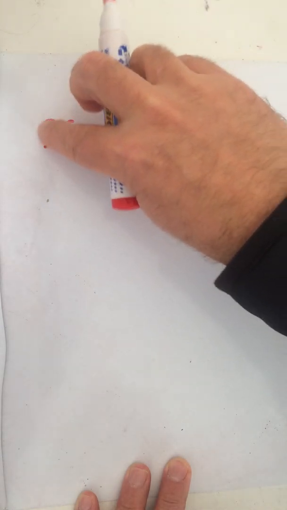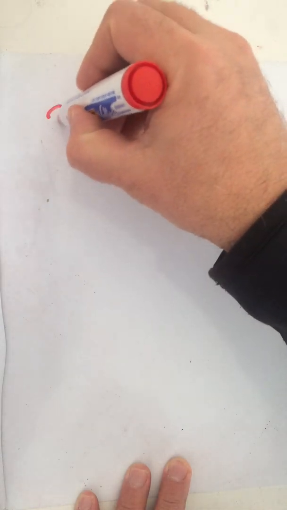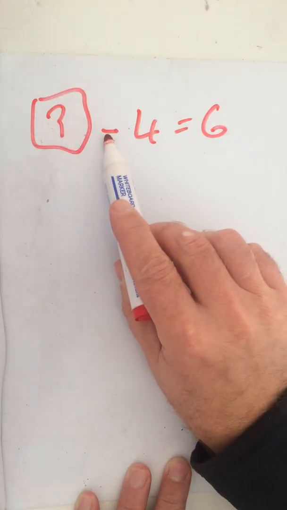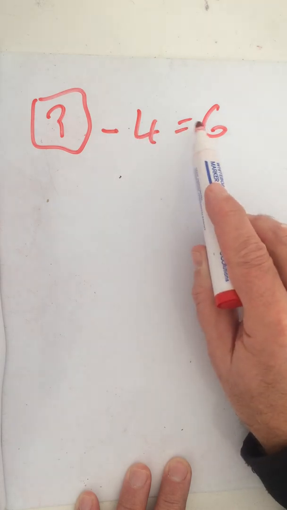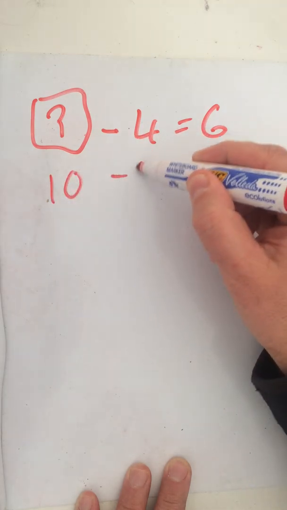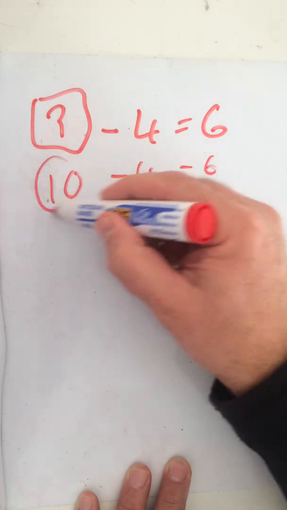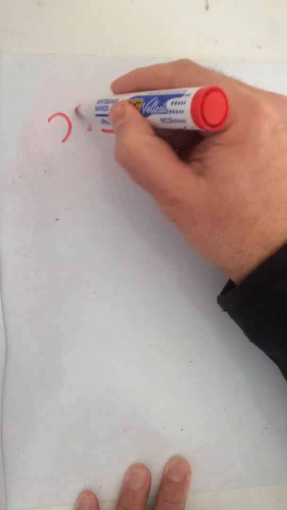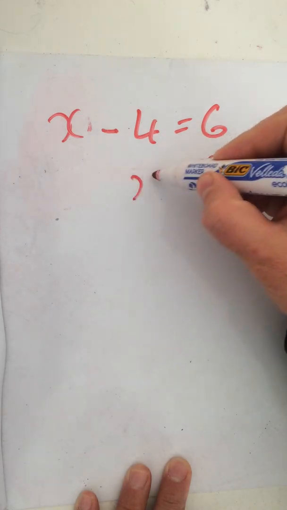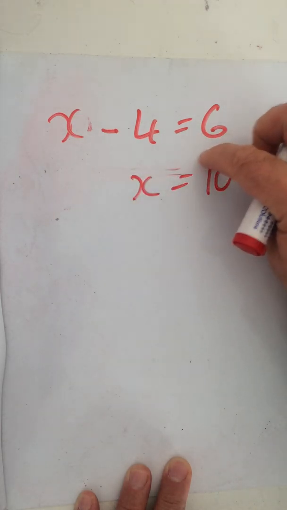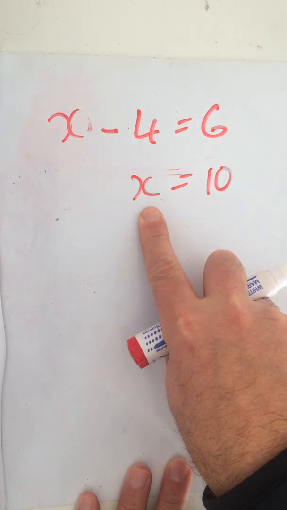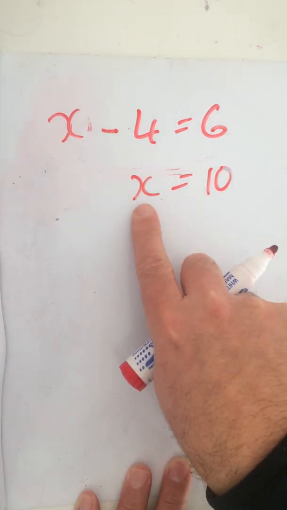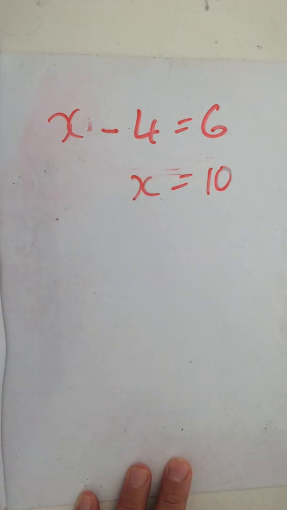If I change that x to a question mark, you would say, what number take away 4 is 6? Of course 10 take away 4 is 6, so the answer is 10. So x is equal to 10. I need to state at the bottom of my equation the value of the letter: x is equal to 10.